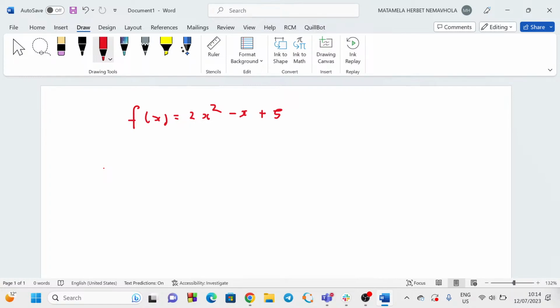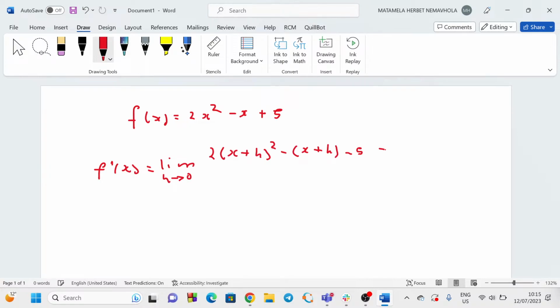Your f prime of x, in the first principle, is going to be equal to limit when h approaches 0 of what? 2 in brackets x plus h squared minus x plus h plus 5 minus again f of x.